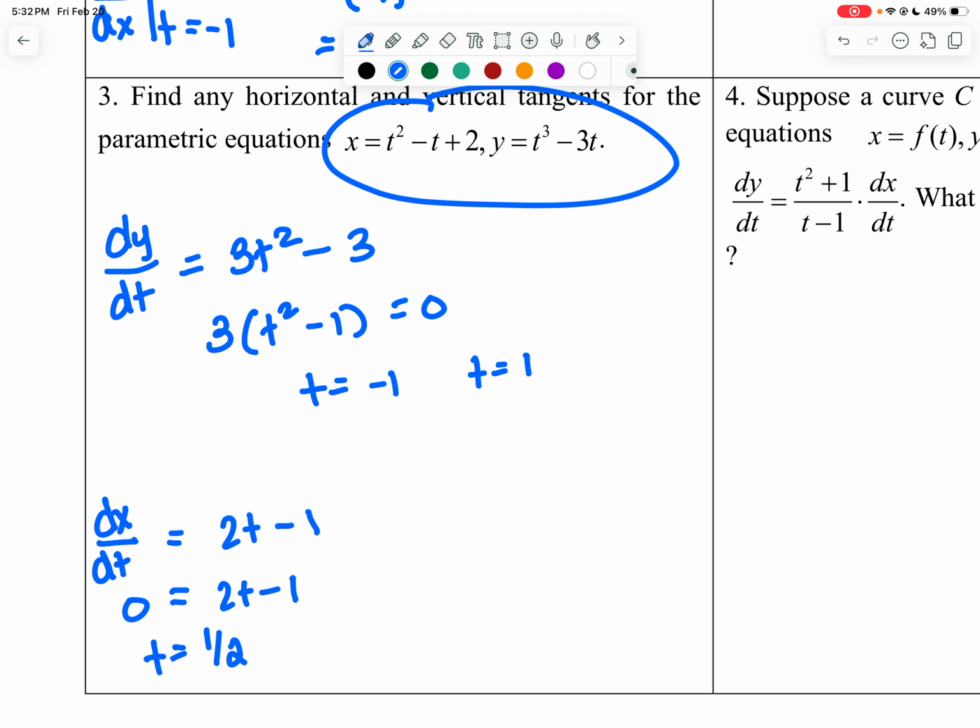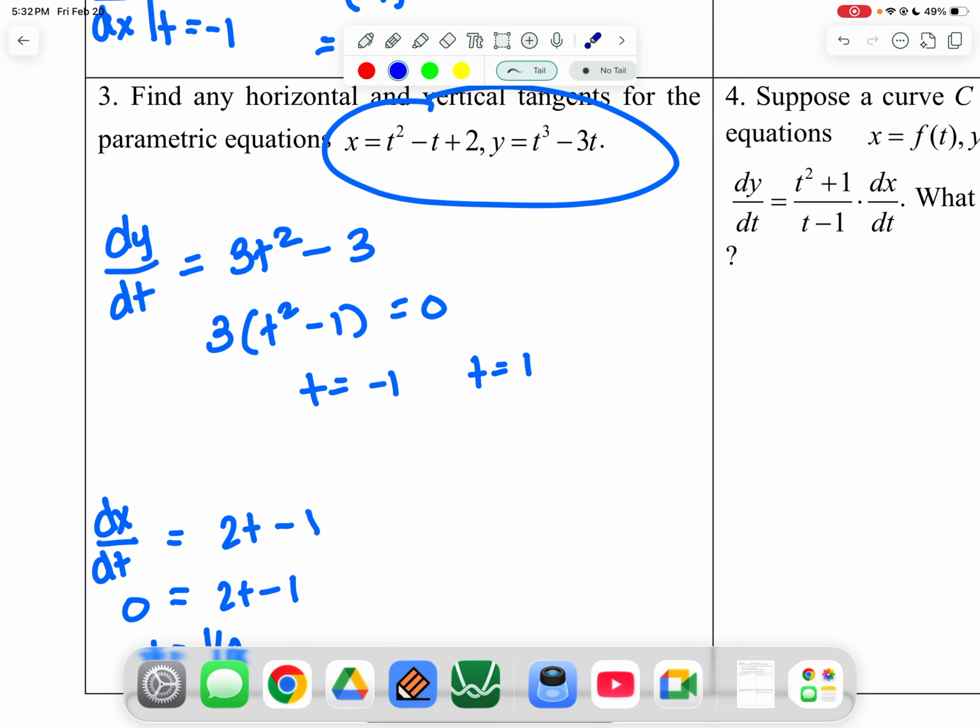So when t is equal to -1 and when t is equal to +1, we get a horizontal tangent line. And then when t is equal to 1/2, we get a vertical tangent line. So what does this mean? Well, that just means that if I were to plug in -1 and 1 into this, I'm going to get a point for my horizontal tangent. And then if I were to plug in 1/2, that's going to give us my vertical tangent.